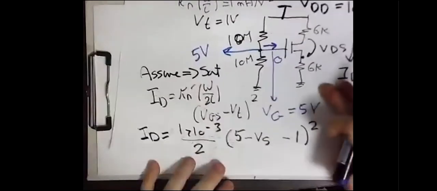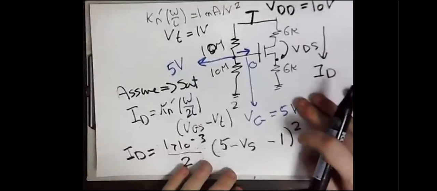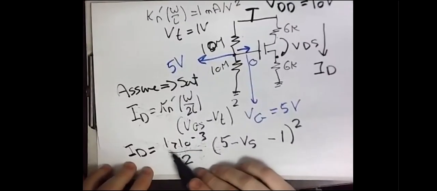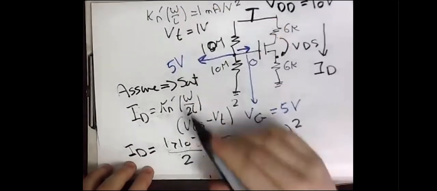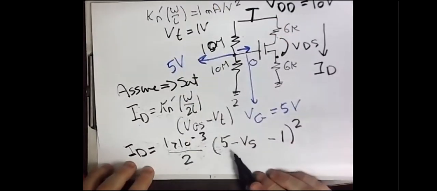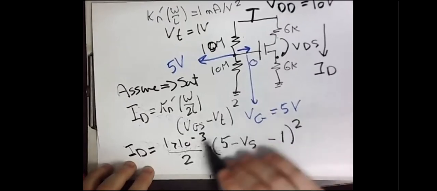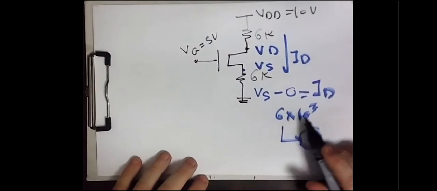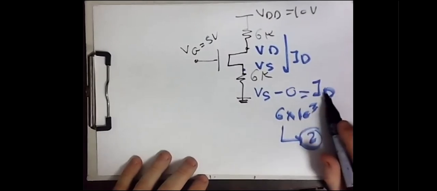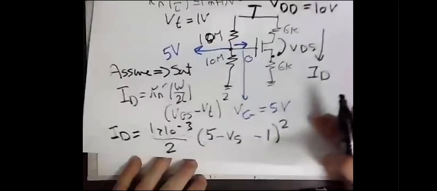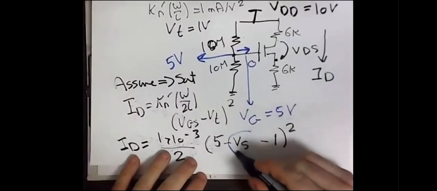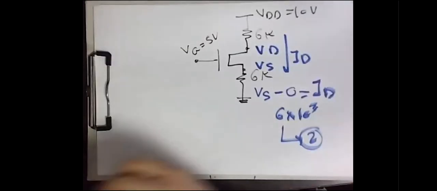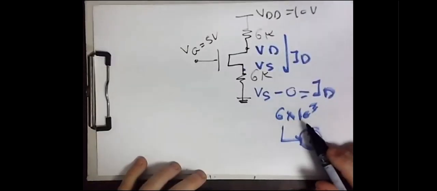The first equation is ID equals 1 times 10 power negative 3 Kn dash W over L over 2, (5 minus VS minus 1) all square. And the second equation is VS equals 6 times 10 power 3 times ID. So what you can do simply is remove VS from the first equation and insert its equivalent, which is ID times 6 times 10 power 3.